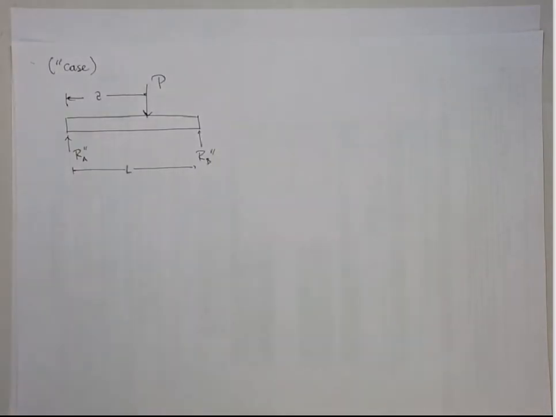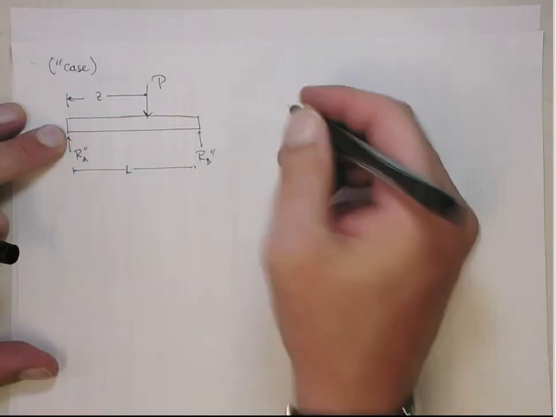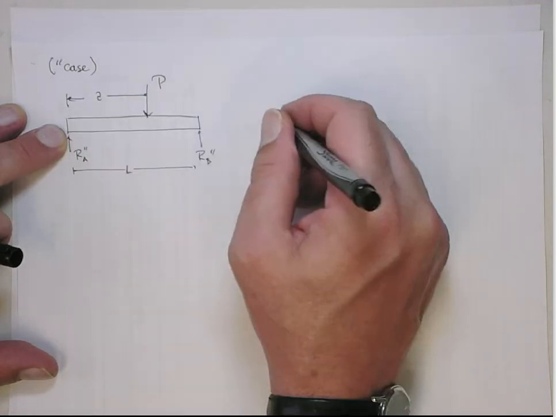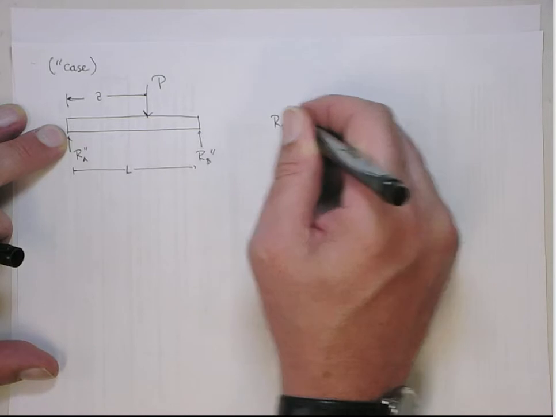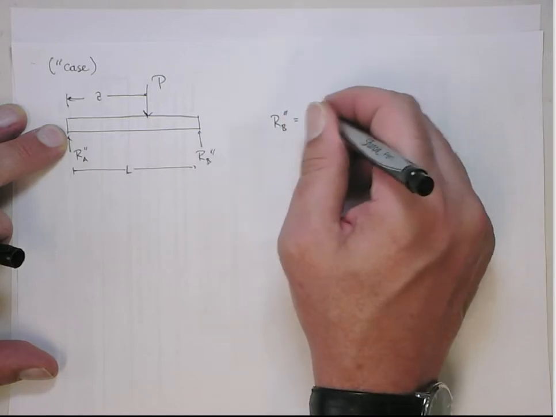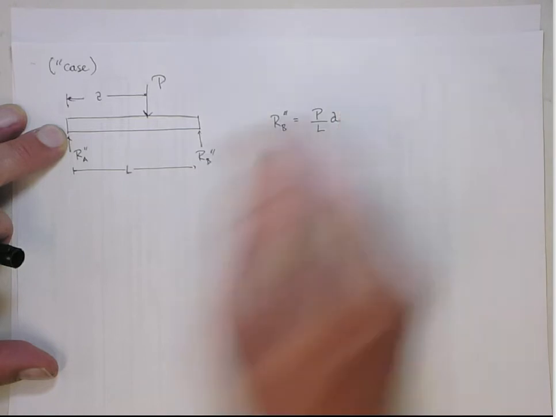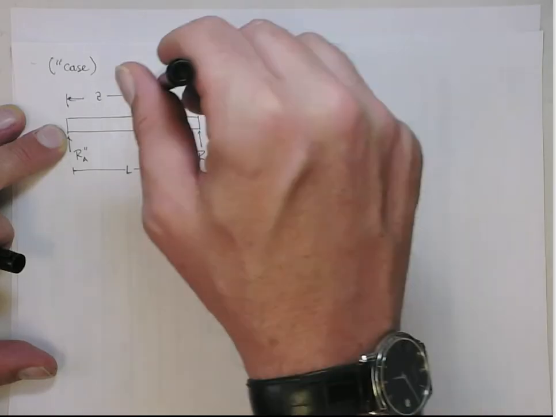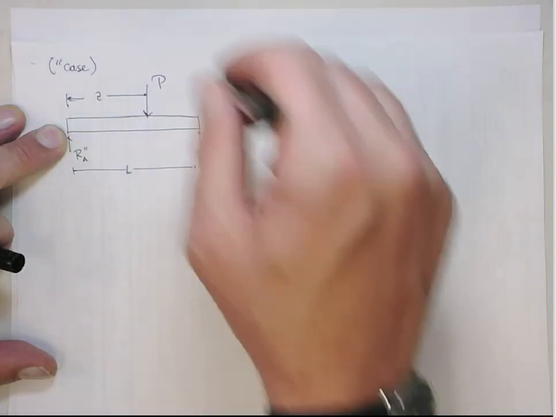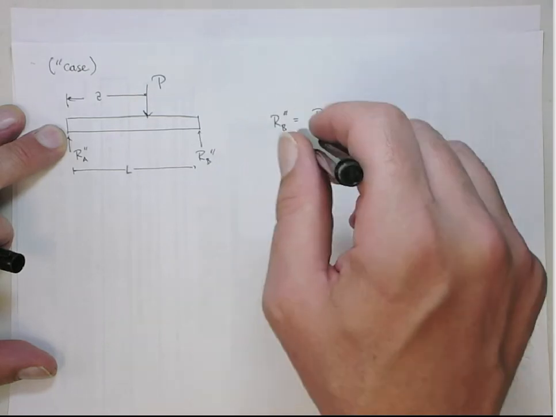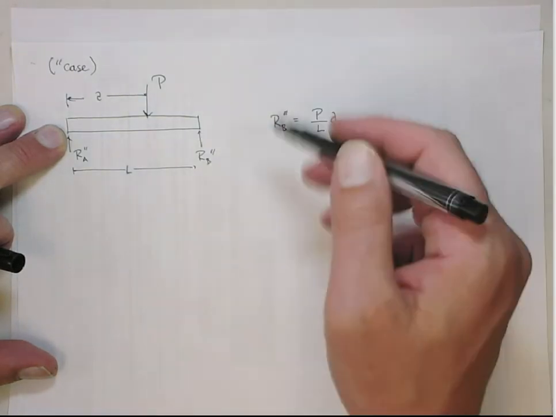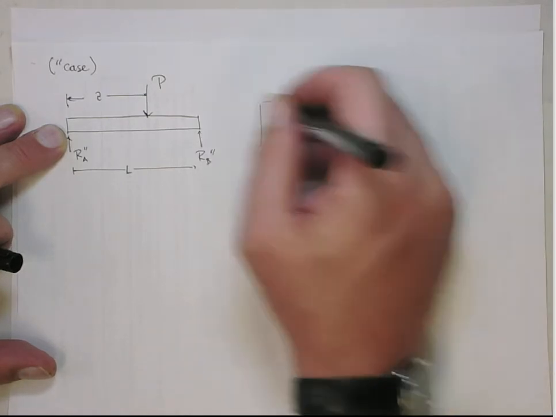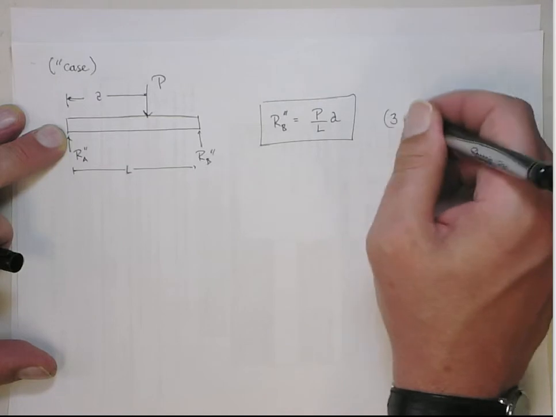So again, we can do sum of moments around point A. This one is a negative moment, this one is a positive moment, so that tells me that RB double prime is equal to PA, this one creates a negative moment, PA. This one creates a positive moment, RB times L, divided by L, and there you go. So that's equation 3.